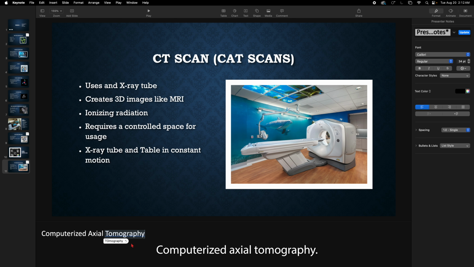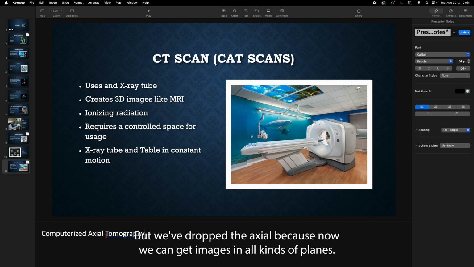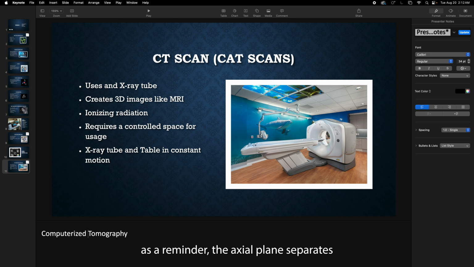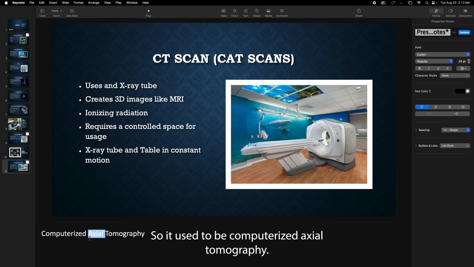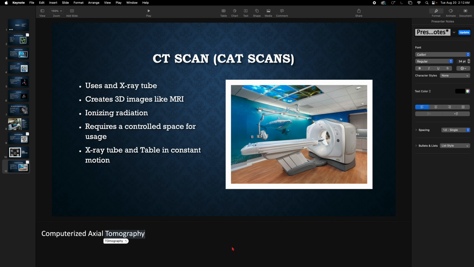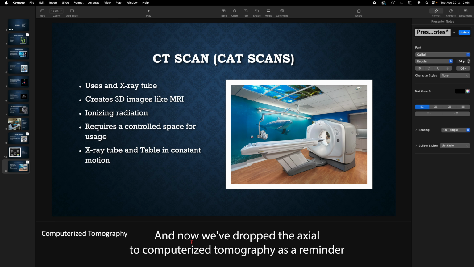Computerized axial tomography. But we've dropped the axial because now we can get images in all kinds of planes. As a reminder, the axial plane separates the body into superior and inferior sections, right? So it used to be computerized axial tomography, and now we've dropped the axial to computerized tomography.